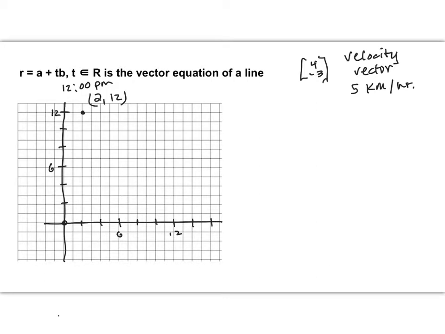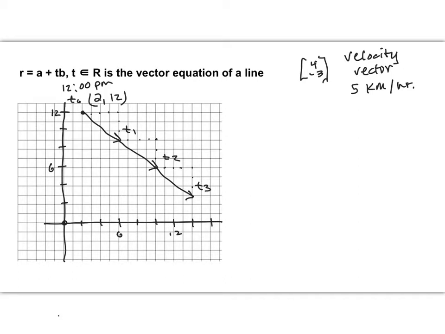Okay, so if I were to plot that, this would be t0, because I'm starting at 12, and I'd go over 4 and down 3. 1, 2, 3. So this would be t1. At t2, I'd be here. At t3, I'd be here.